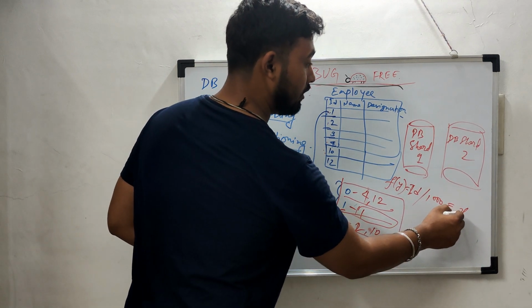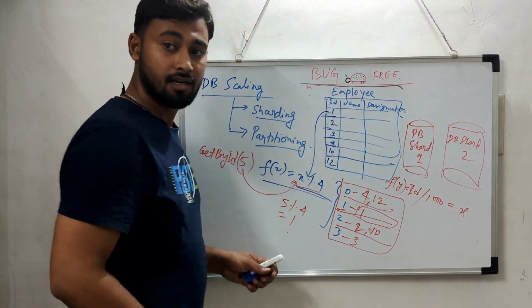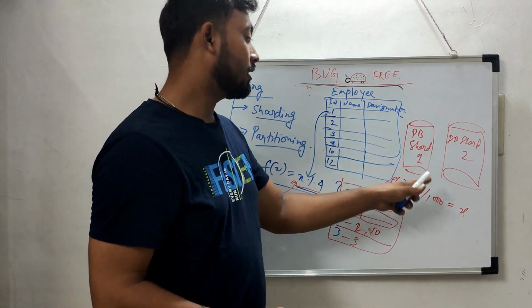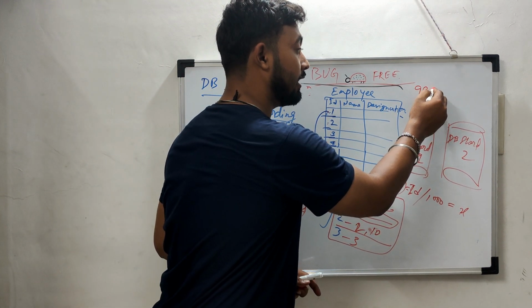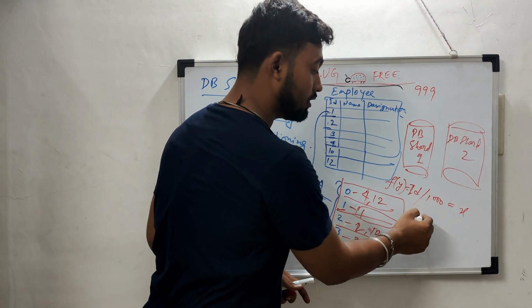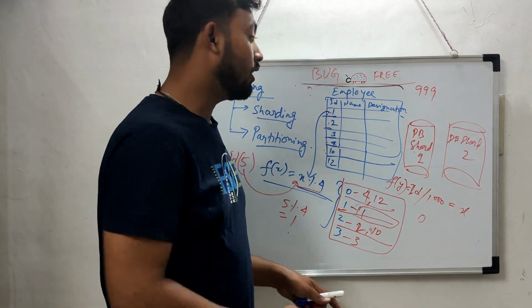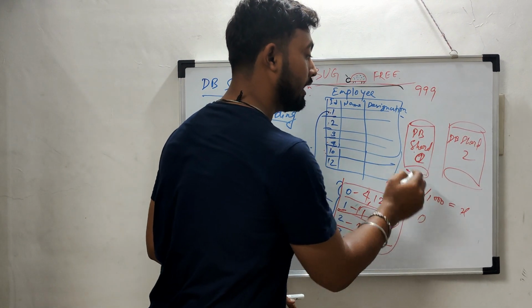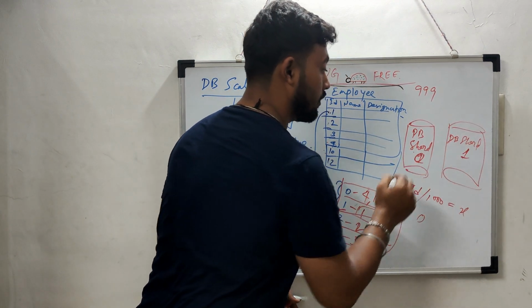This value will determine to which shard the data will get entered. So let's say 1000 is there. If I have the ID as 999, the value is 0 when divided by 1000. So it will go to shard 1, or you can say shard 0.